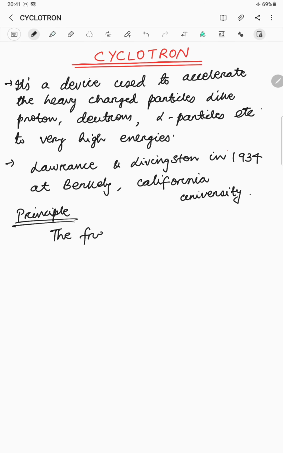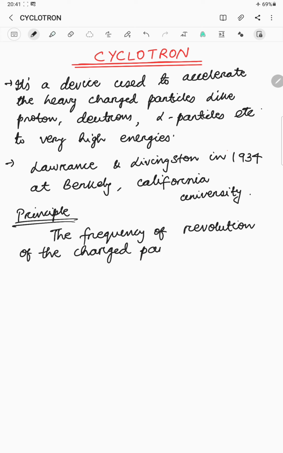The frequency of revolution of the charged particles in a magnetic field is independent of its energy.